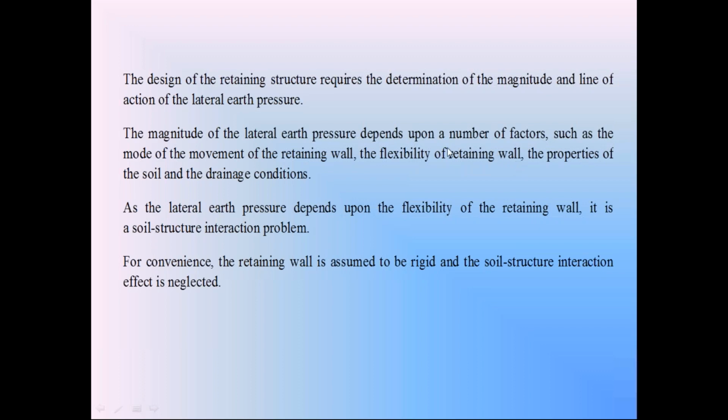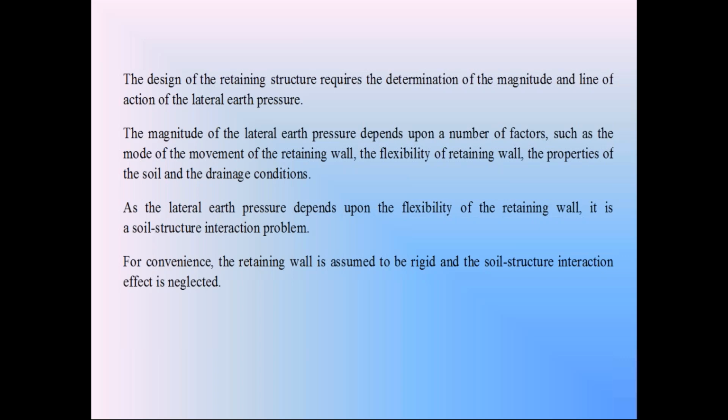And the third factor is the properties of soil on the retaining wall. You know that the retaining wall supports the soil, sometimes on the back side and sometimes both on the back and front side. The soil properties on the back side and also on the front side of the retaining wall affect the magnitude of horizontal earth pressure on the retaining wall.